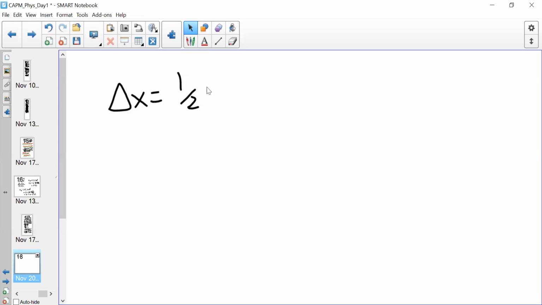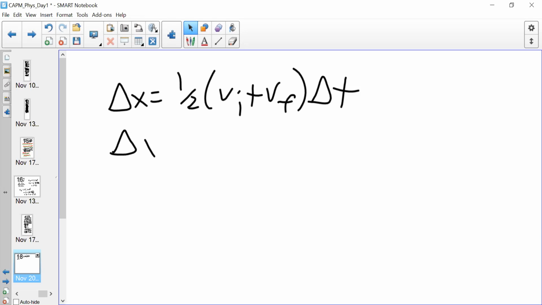So delta X. This is finding a displacement delta X when all of these other guys are known: the initial velocity, final velocity, time. This is finding displacement when you know initial velocity, time, and acceleration.